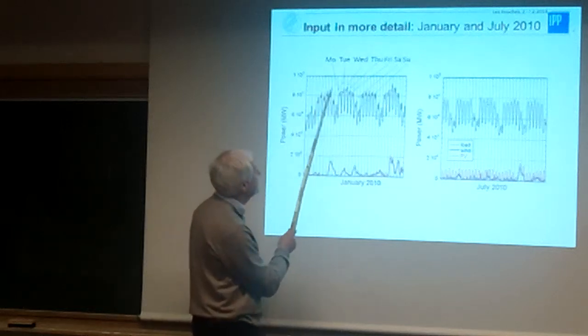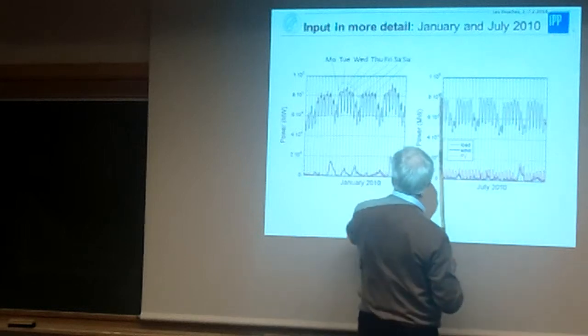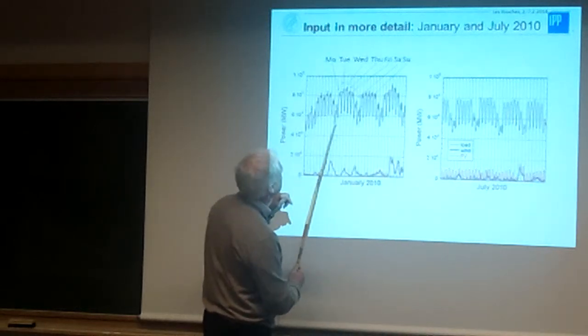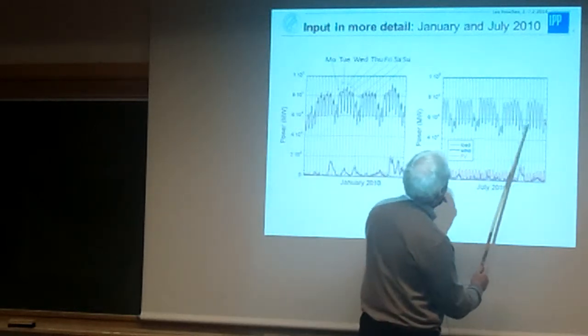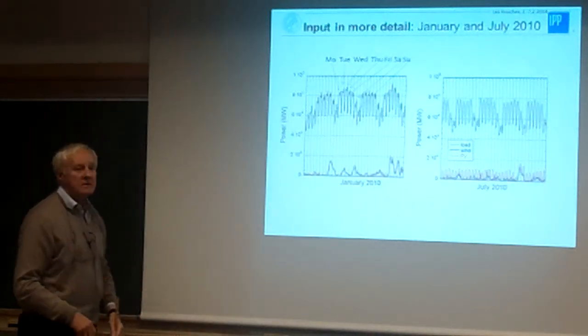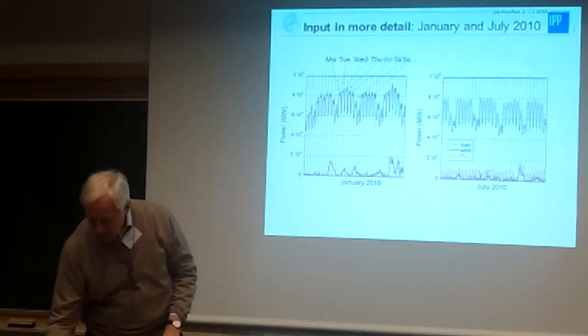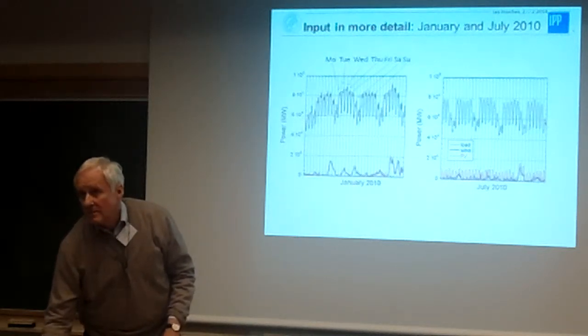You can see that in summer it is less, and this is the situation here in winter, and it is also less. So the difference is something like maybe 8 or 10 gigawatt. That's the demand. The black curve is the demand.